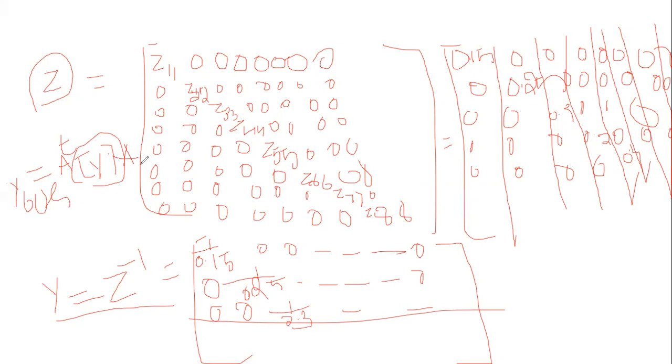What is the A bar matrix? That is the element node incidence matrix. First of all, we will find the A bar matrix.